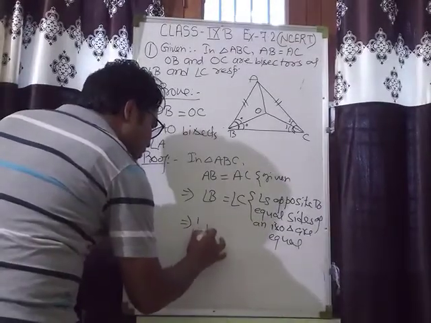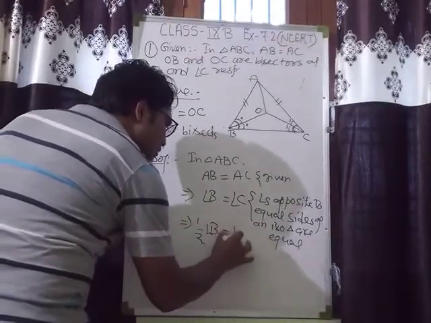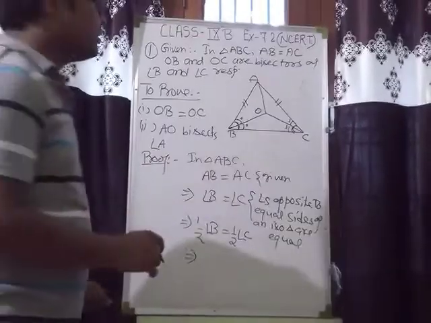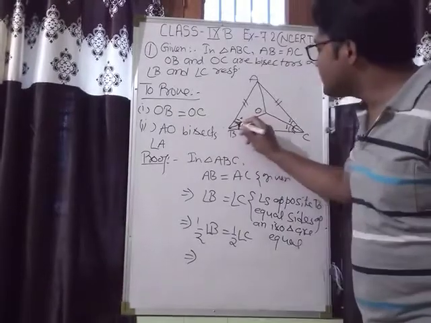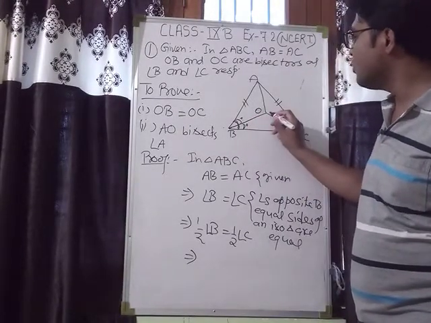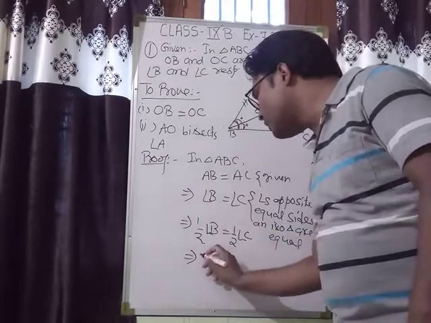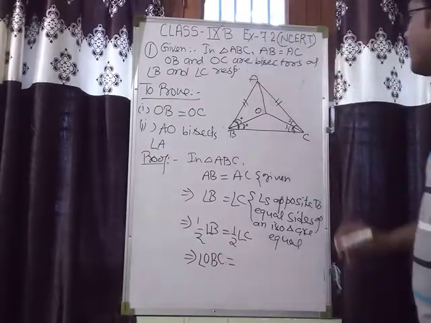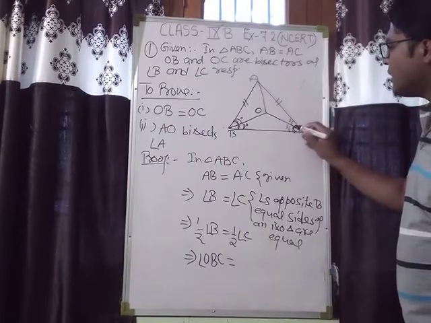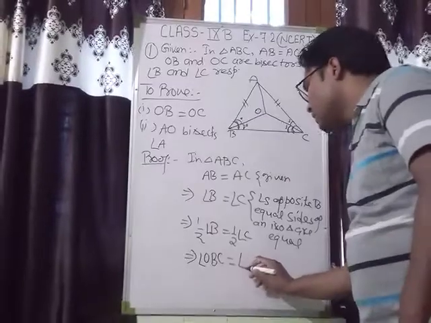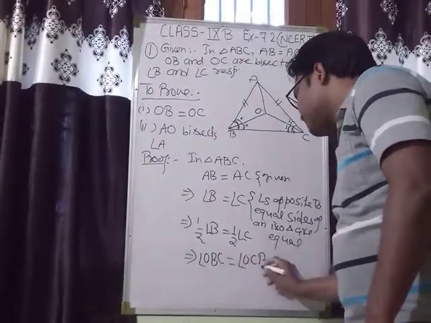So half of angle B will be equal to half of angle C. And because OB is the bisector of angle B, half of angle B is angle OBC, and half of angle C will be angle OCB.